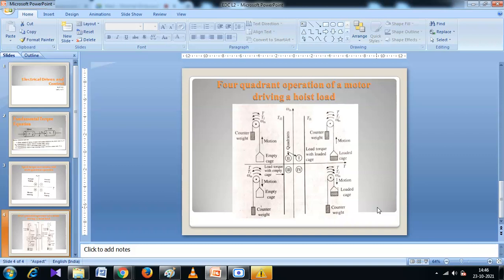Now is it clear to you? You have to explain the four quadrant operation of a hoist, or multi quadrant operation of a hoist. I hope it is clear to you all.